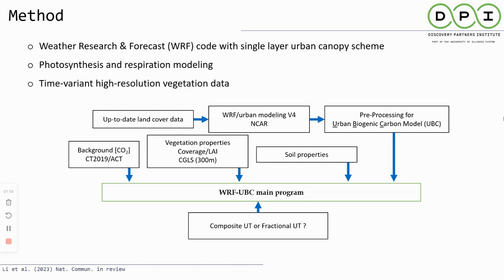So basically what we do is we coupled an offline urban biogenic carbon model to an urban modeling framework. In this case, we can add a lot of detail about the urban plants in the street canyon. For example, we can use very high resolution vegetation properties such as LAI and coverage from satellite images, and also prescribe some soil properties, for example the garden soil we use in urban environments.